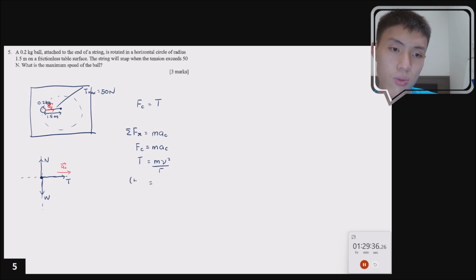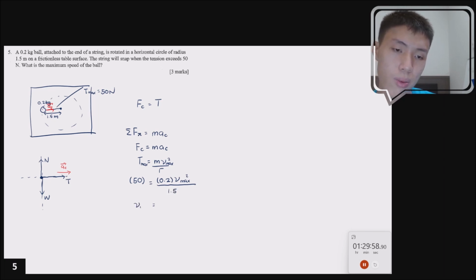You can substitute 50 as T max. Let's label this as T max, and let's label this as maximum speed. So 50, mass is 0.2, v max squared over the radius of the circle, which is 1.5. Everything is in.